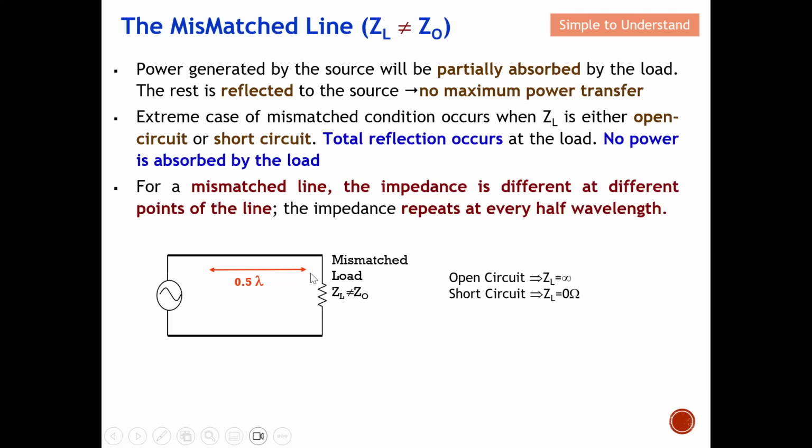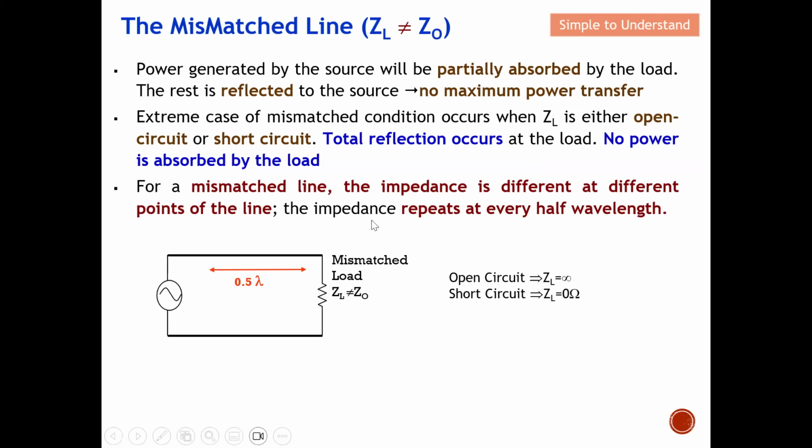If you still remember, every 0.5 lambda will be a repeat of the scenario. So imagine this is an open circuit. After 0.5 lambda, this part here will also be an open circuit. And this can be very drastic when we do impedance matching. For a mismatched line, the impedance is different at different points of the line.